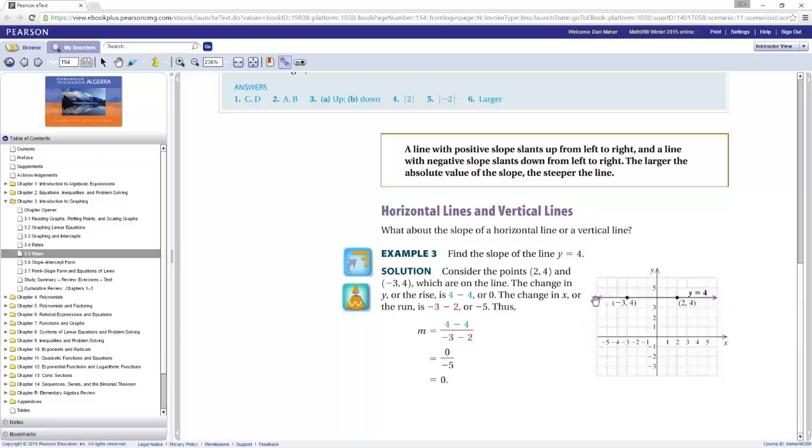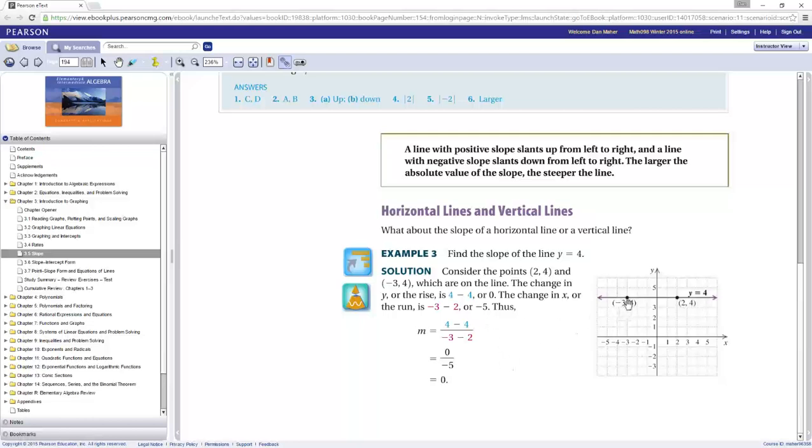rise over run. Well, what is the rise? What's the change up and down from this point to this point? It's 0, right? There hasn't been any up or down movement. So if they do the slope formula, you're going to subtract these two y coordinates. 4 minus 4 is 0.